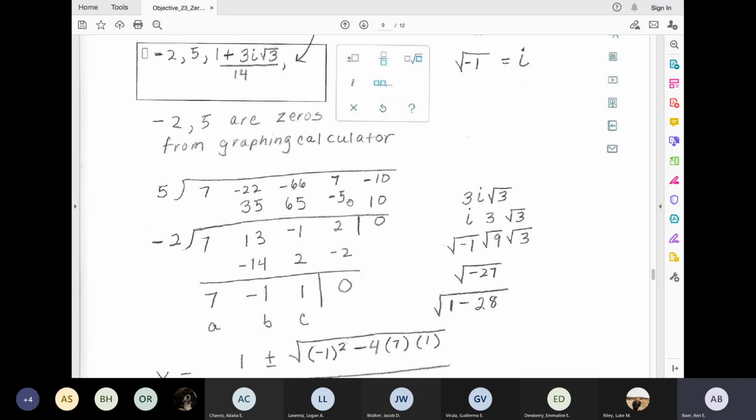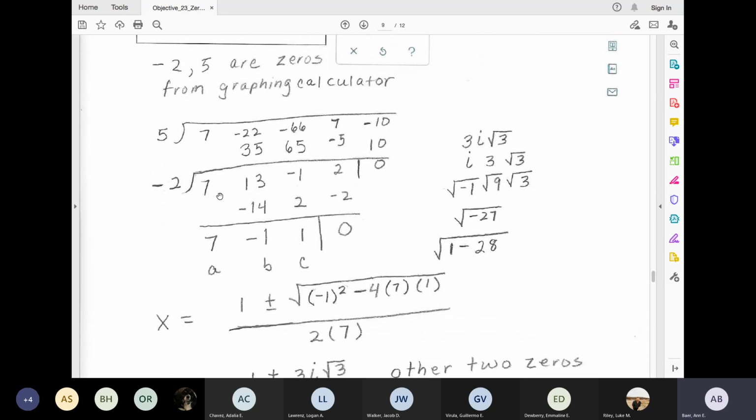And I split off this last number here with a little vertical line. This is another reason why it's really good to use that. So I am now just going to use these numbers and do synthetic division.